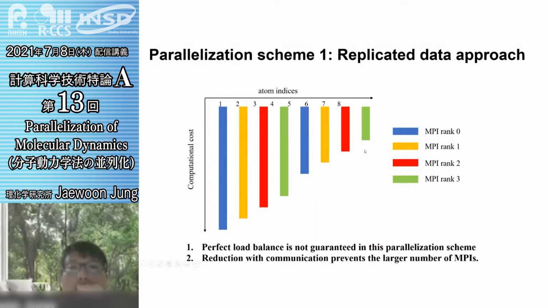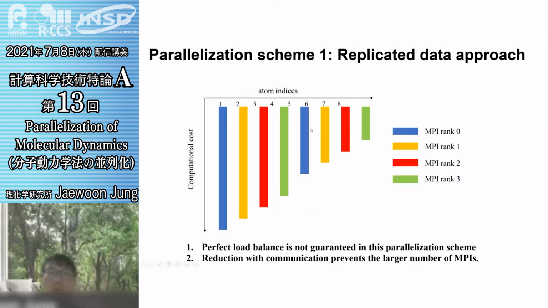And if we assume that we have 4 MPI processes, then the first index of 1 can be evaluated on MPI rank 0, the second one by MPI rank 1, the third one by MPI rank 2, and so on.